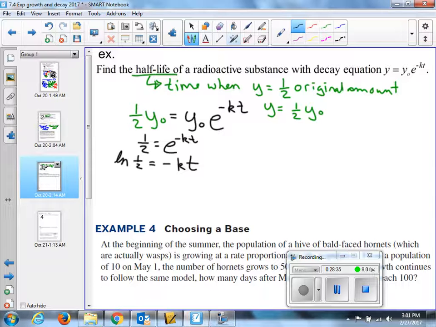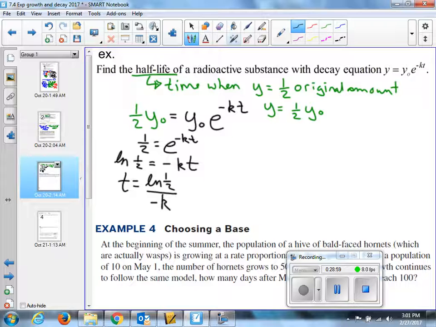Now, t is equal to, well, this divided by negative k. Okay, that's an expression.